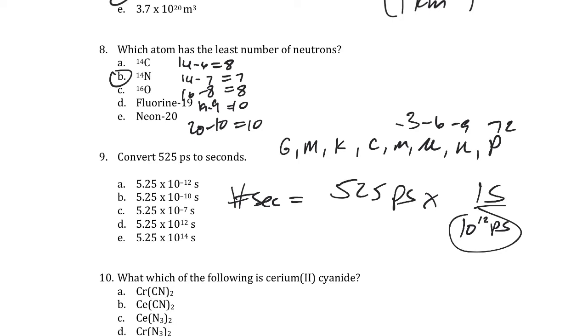Now the minus might work out if you say, how many seconds are in a picosecond. 1 picosecond is 10 to the minus 12 seconds. Okay, and so let's do this real quick, 525 divided by 10 caret 12 is answer B.